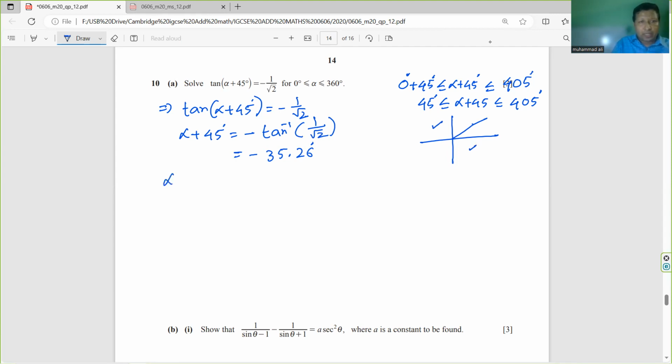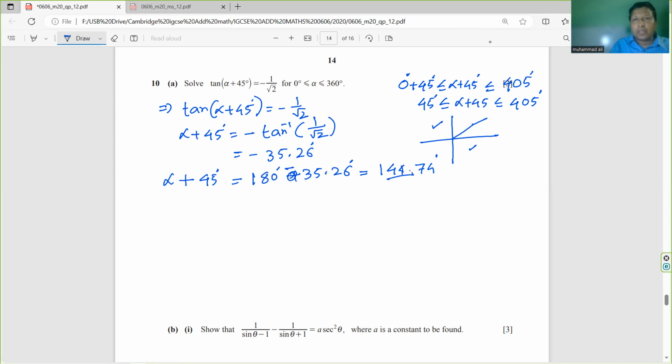So how will we get these values? If we want the second quadrant value, we have to use 180 degrees minus 35.26 degrees, so it will be 144.74 degrees.